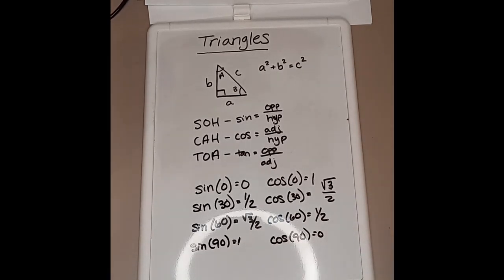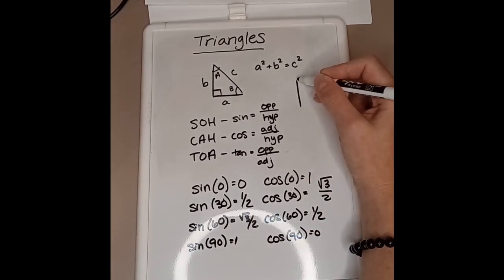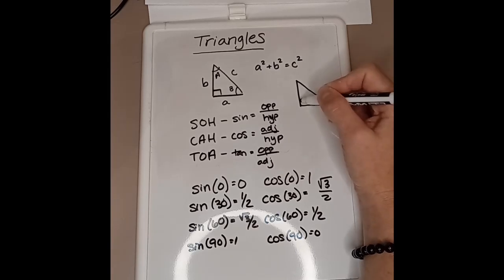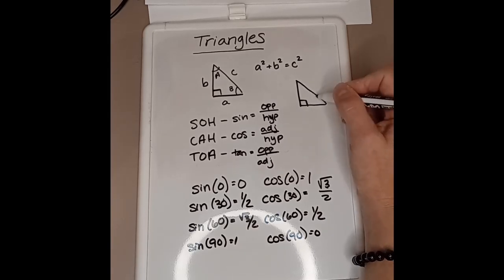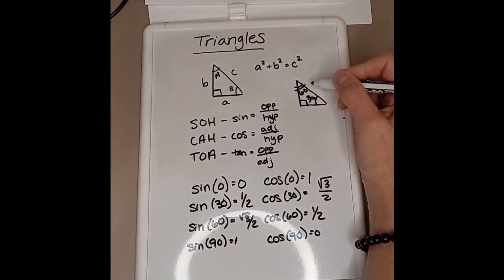So those are the basic functions of, like I said, a 30, 60, 90 triangle, which, in case you're wondering what that is, it is simply a triangle that has a 90 degree, and then one angle is 30, and one is 60 degrees.